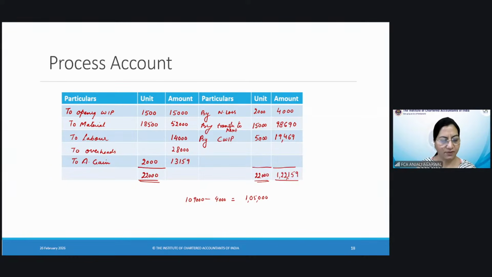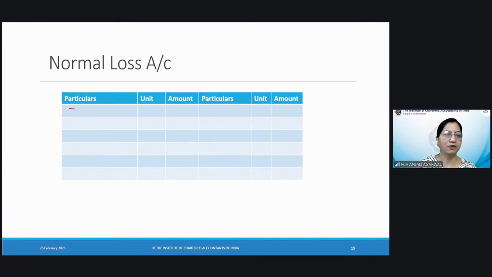Debit side 15,000 plus 52,000 plus 14,000 plus 28,000 and plus 13,159. So this is how you will prepare the process account. In this question, when you prepare the normal loss account, you will say to process account, normal loss 2,000 units, which should have fetched us 4,000 rupees.